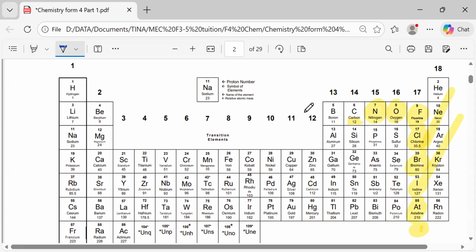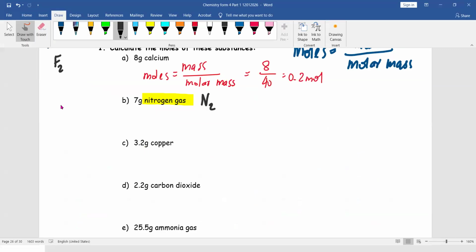So all of these have to be written as molecules. N2, O2, F2, Cl2, Br2, I2. Okay, and one more, H2. They don't exist as atom. Fluorine, chlorine, bromine, iodine, hydrogen, oxygen, nitrogen.